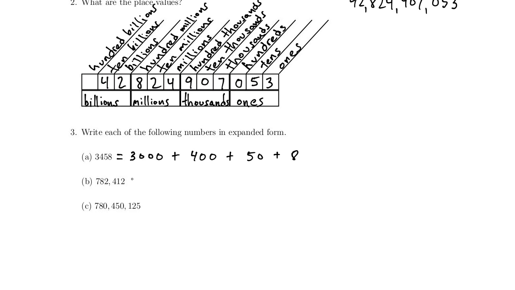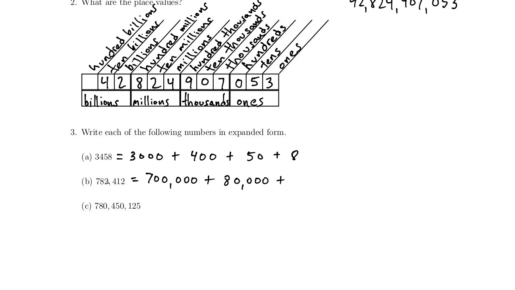And next, we've got 782,412. So the 7, that's in the hundred thousands place. So the 7 represents 700,000. So let me write this out. 700,000 plus the 8 is in the 10,000s place. So 8 represents 8 10,000s or 80,000.